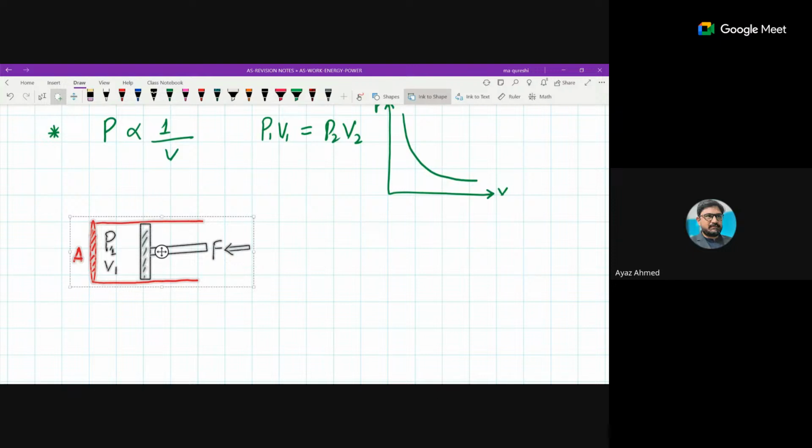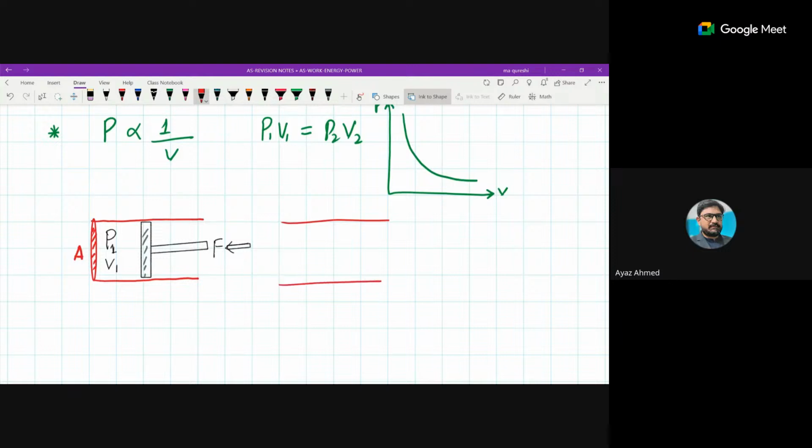You have just taken the second situation. We have the same container, with the same area.